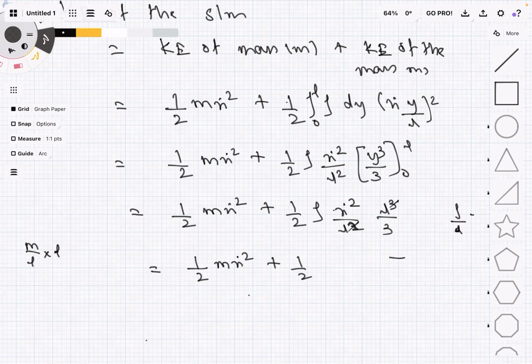It's not rho by L, it is rho into L. So you will end up with the term ms, ms into x dot square divided by 3. So the kinetic energy is half into m into x dot square plus ms x dot square divided by 6. This is the total kinetic energy of the system.